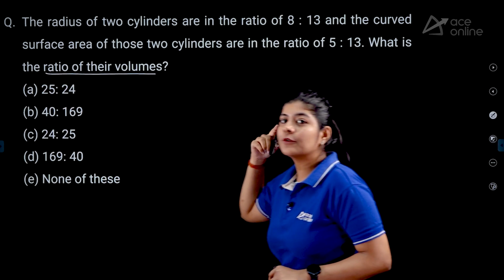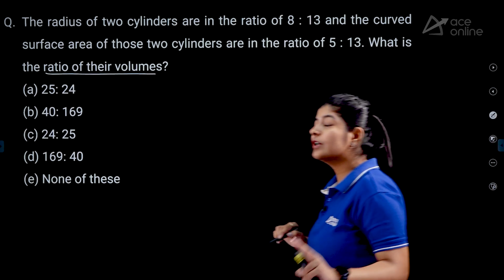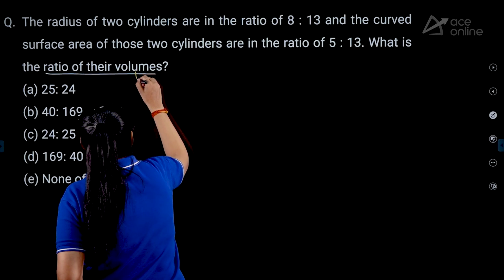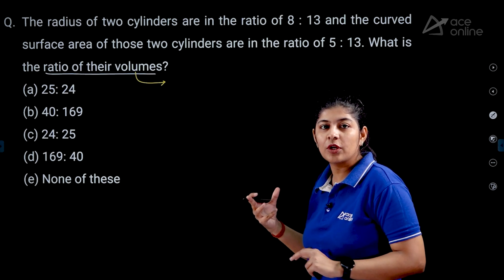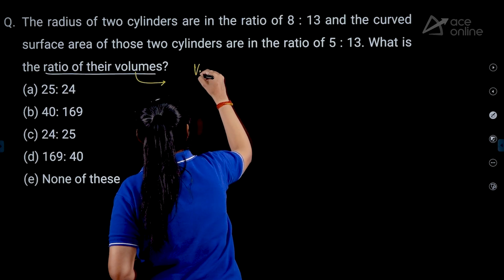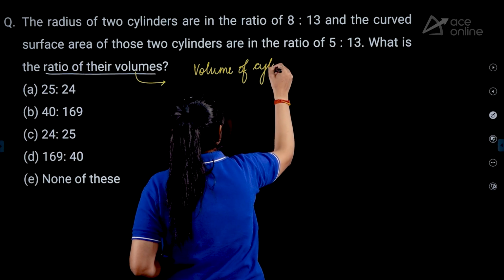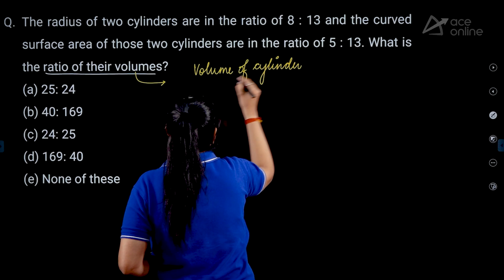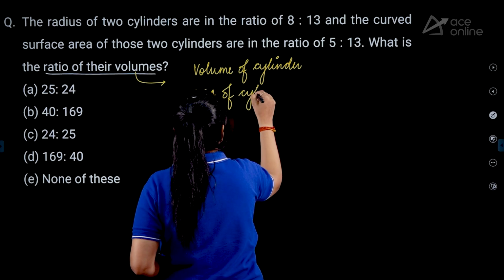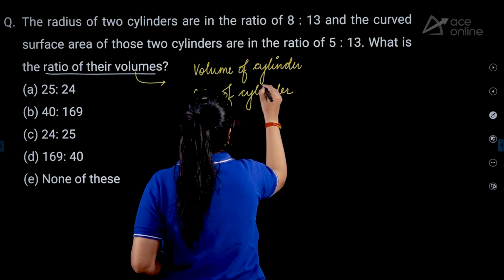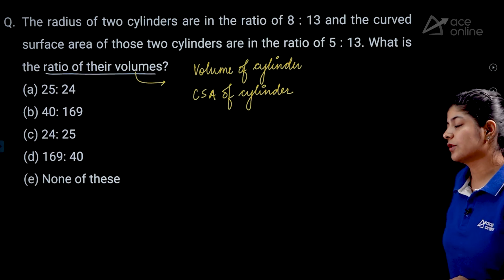So first you need to take care of the formulas that you need to use in this particular question. First, you have to find out the formula of volume of these two. What is the volume of cylinder? The two formulas that you are going to use in this one are the volume of cylinder and the CSA, the curved surface area of cylinder.